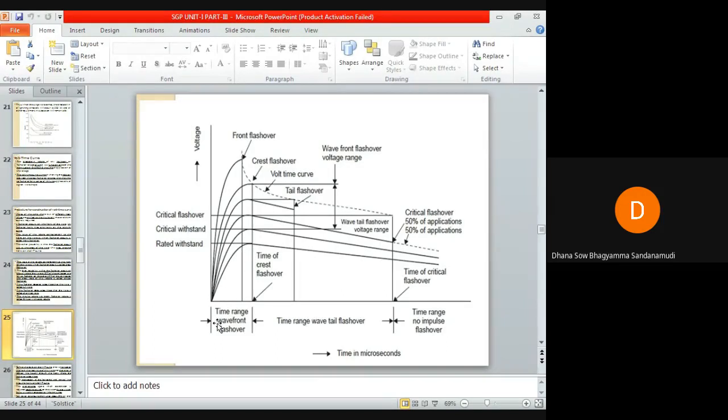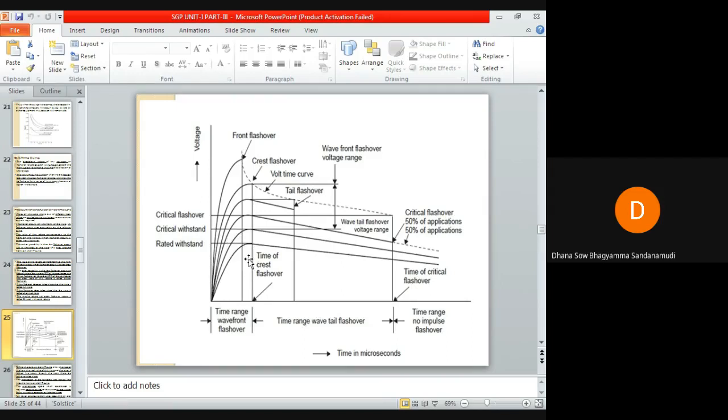If I want to break down the insulation of an equipment manually, and plot the graph between voltage and time of application of that particular voltage, definitely I have to allow some overvoltage to flow through the insulation of the equipment.